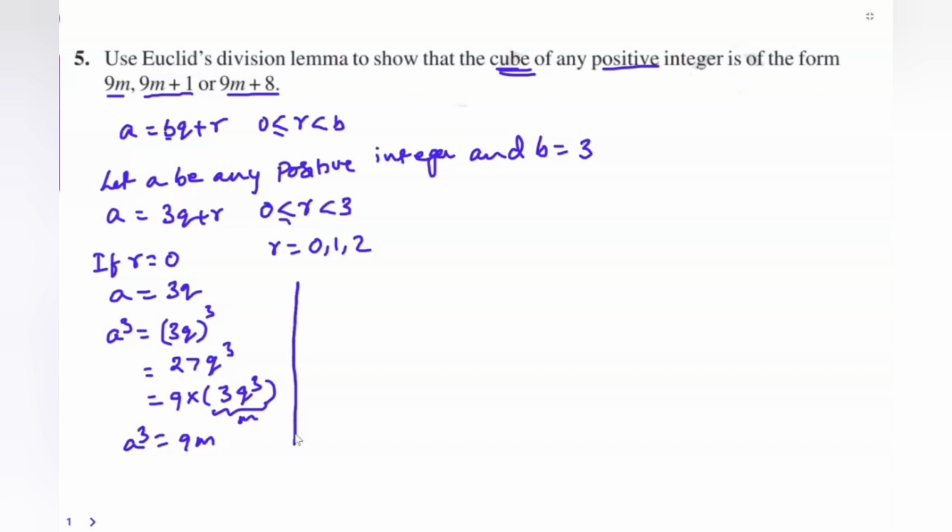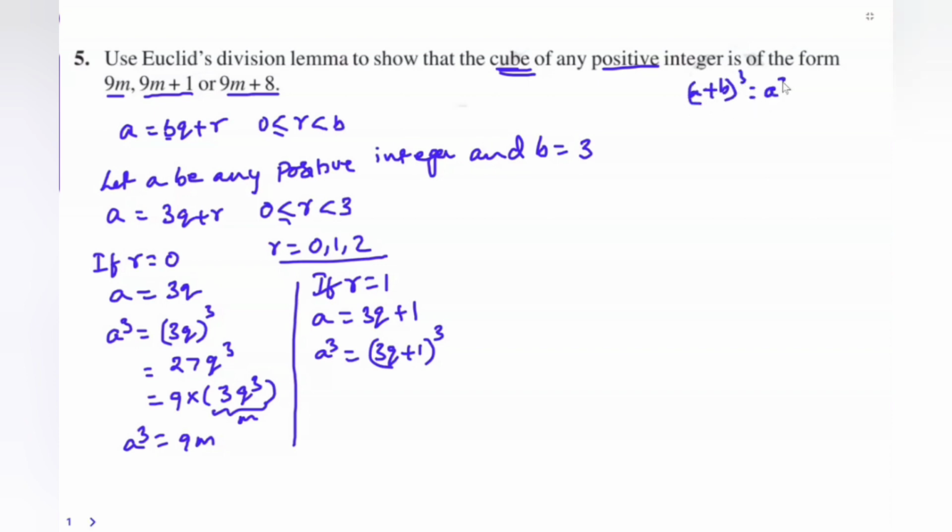Now let us take if r is equal to 1. So a is equal to 3q plus 1, and cubing on both sides again, a cube will be equal to (3q plus 1) whole cube. Do you know the formula for (a plus b) whole cube? (a plus b) whole cube is equal to a cube plus 3a square b plus 3ab square plus b cube.